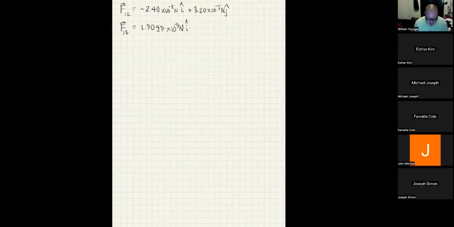newtons i hat direction minus the other one, which is times 2.439 e to the negative 5th.